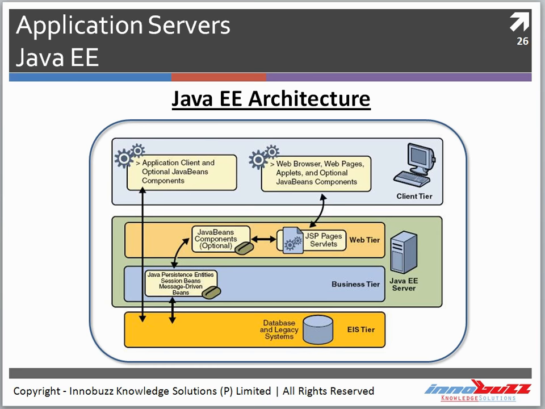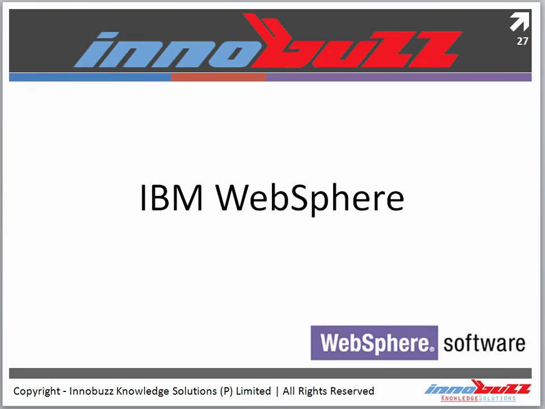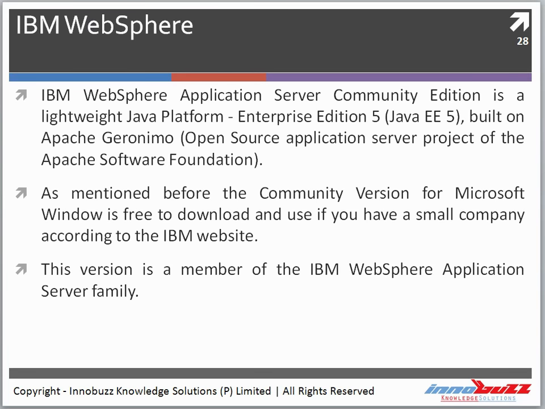IBM WebSphere. IBM WebSphere Application Server delivers a lightweight, simple to use, and powerful application server for increased developer productivity and for use as a lightweight production server for application workloads.